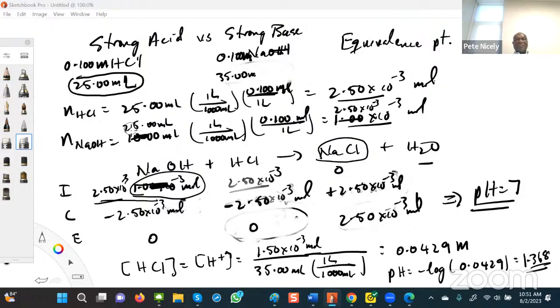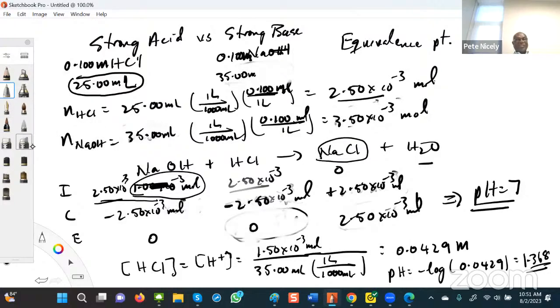For the base, this will be changed, and this will be changed. So here you're going to have 35.00 mils, and 3.50 times 10 to the minus 3 moles in that 35.00 mils.